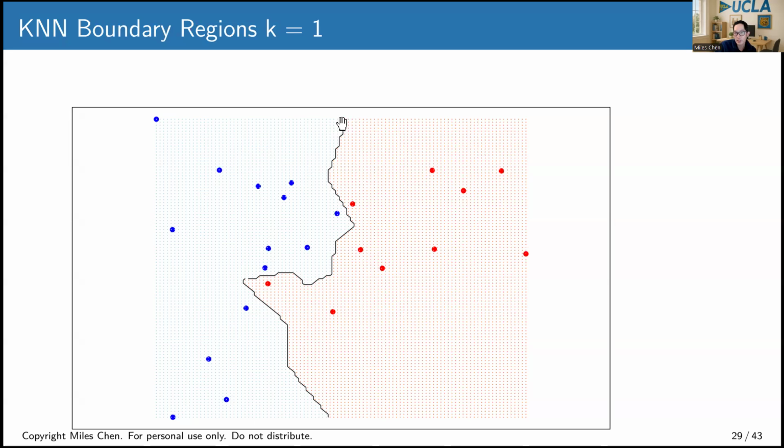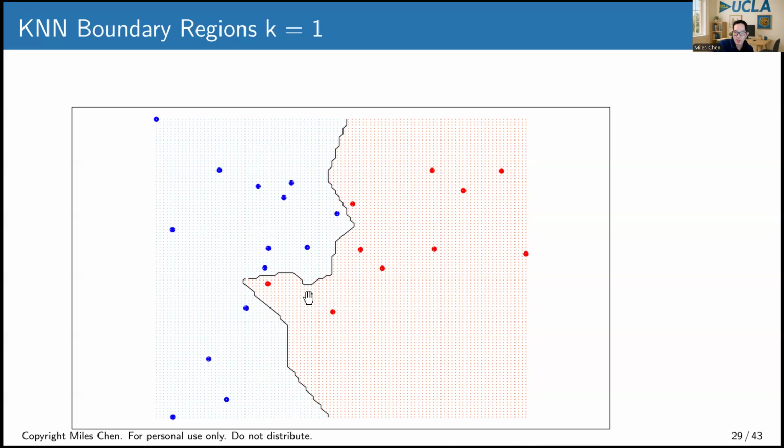I said, okay, if I have a dot right here, what is my nearest neighbor? All right, and it's blue. Okay. If I put a dot right over here, though, and I ask what's my one nearest neighbor, it ends up being red. And so this ends up being the boundary between the blue and the red regions of our data.